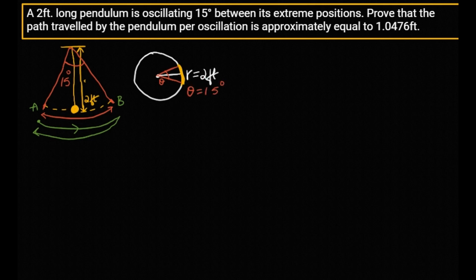Let the length of this arc in yellow be equal to s. So its extreme positions are A and B. When we consider the length of this arc to be equal to s, we have to find out the value of 2s. So for this, we can use the second theorem, that is, s is equal to r theta.